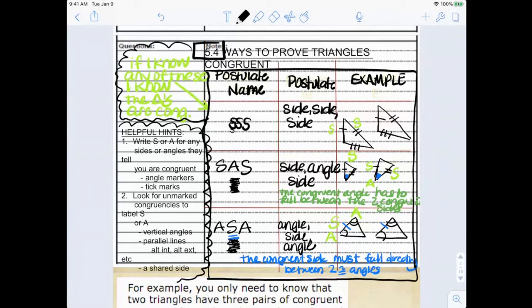You're going to want to use this list of helpful hints as we write and draw things out, mark things congruent, especially when we first get started until you get the hang of it. So write this down. Leave space to make some additional notes. And when you are ready, press play.